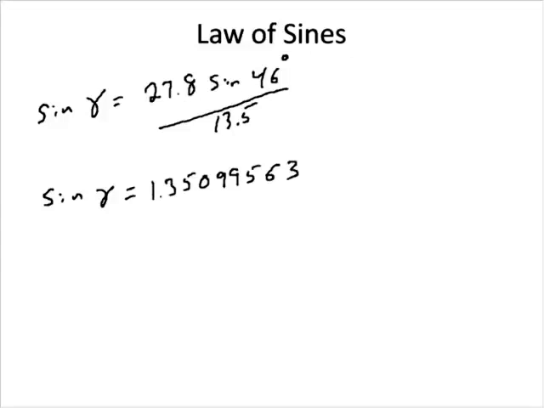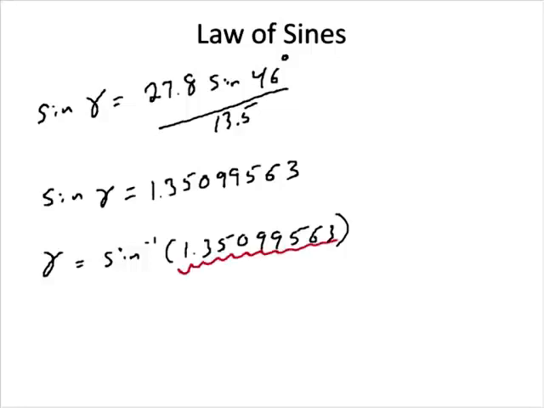In order to find gamma, I'll just use the sine inverse, right? So I'll say gamma is equal to the sine inverse of 1.350999563. And if you do that in your calculator, you'll wind up with an error. You'll think you typed it in wrong, but you didn't.